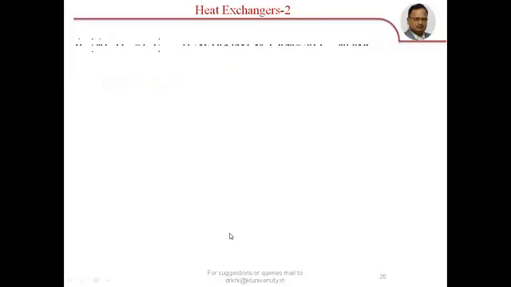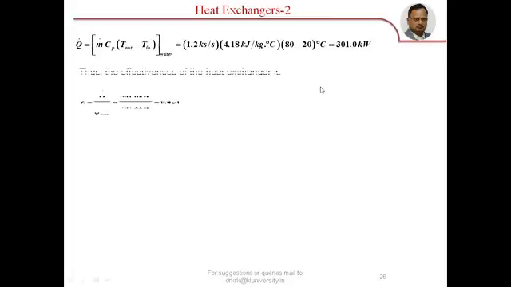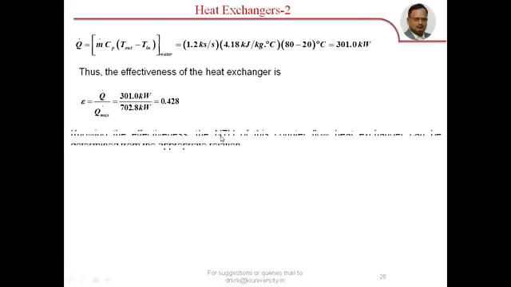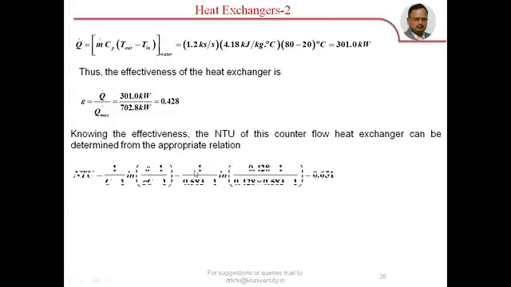Now the actual heat transfer is given by the formula m Cp (T out minus T in) of water, because both temperatures are given, you get 301 kilowatts, and effectiveness is Q by Q maximum, 0.428. Knowing the effectiveness, you can determine the NTU by using the relation effectiveness is (1 − e^(−NTU(1−C))) / (1 − C e^(−NTU(1−C))), which is transformed to give the value of NTU.